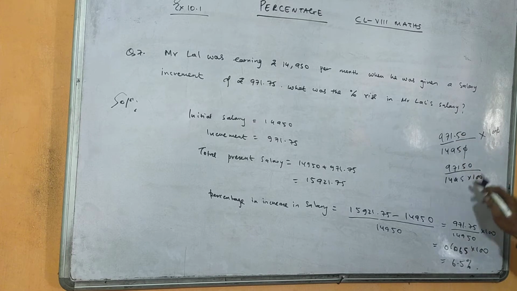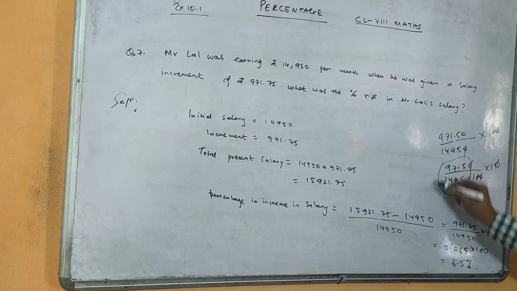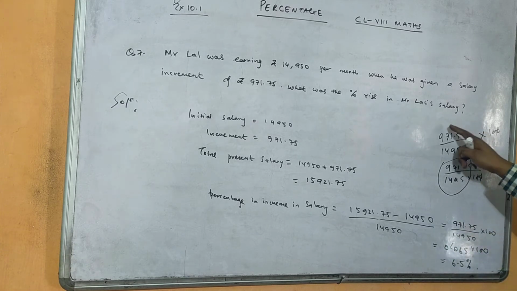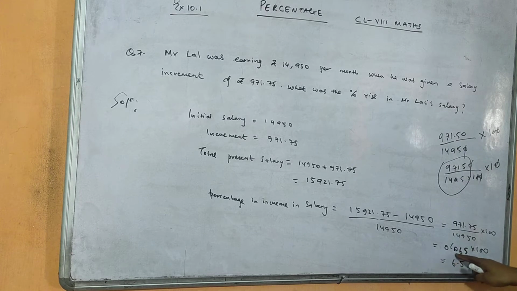Then 100 will be coming down, and you can cancel these two zeros. Now when you divide, you will get 6.5%. Here what I have done is I divided and got 0.065 into 100. When the point is removed, the two zeros and two zeros get cancelled, that is 6.5.